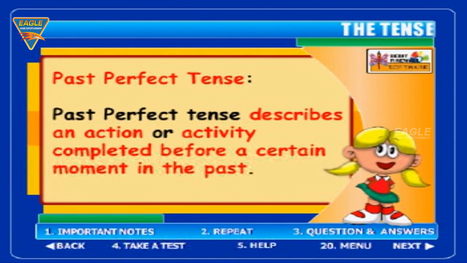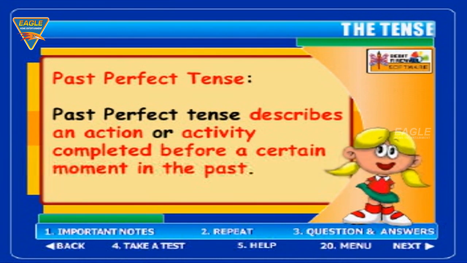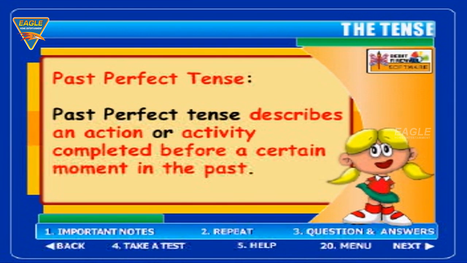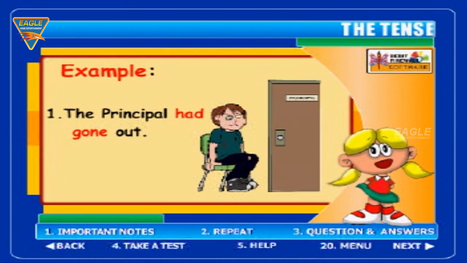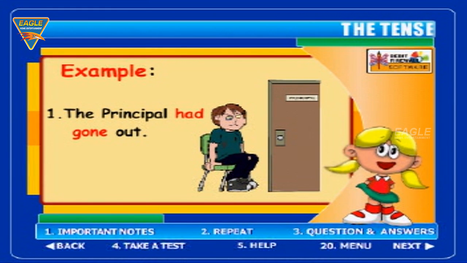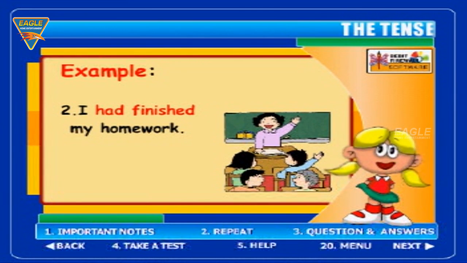Past perfect tense. Past perfect tense describes an action or activity completed before a certain moment in the past. Examples: the principal had gone out. I had finished my homework.